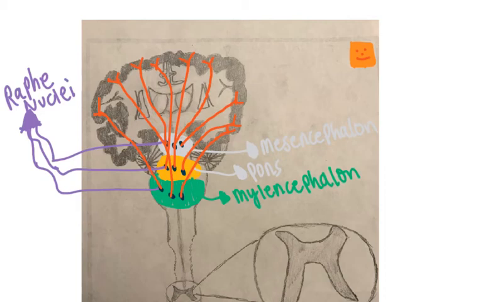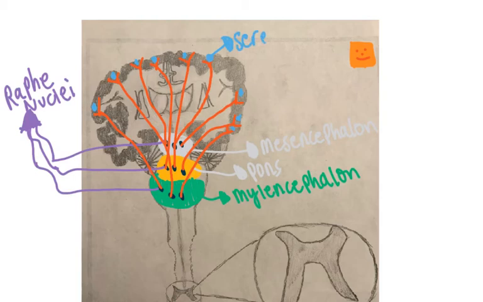So let's draw that out. We have a bunch of serotonin being released into the cerebral cortex via our Raphe nuclei, which are neurons that are part of all parts of our brainstem, mesencephalon, pons, and myelencephalon, or medulla oblongata.